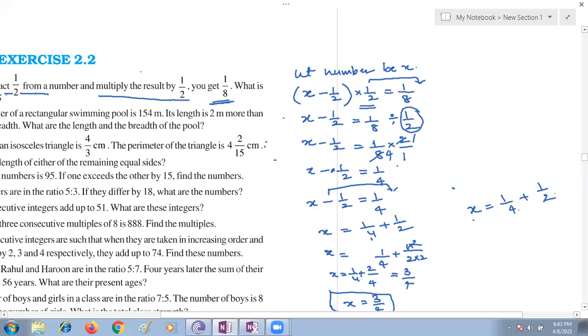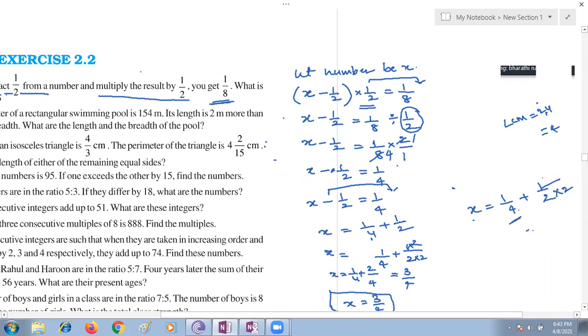That means they are unlike fractions. You need to convert them into like fractions. To convert into like fractions, you take the LCM of the denominators. What is the LCM of 2 and 4? The LCM of 2 and 4 is 4. So the first fraction already has denominator 4, no need to change. For the second fraction, to make the denominator 4, what number are you supposed to multiply with?